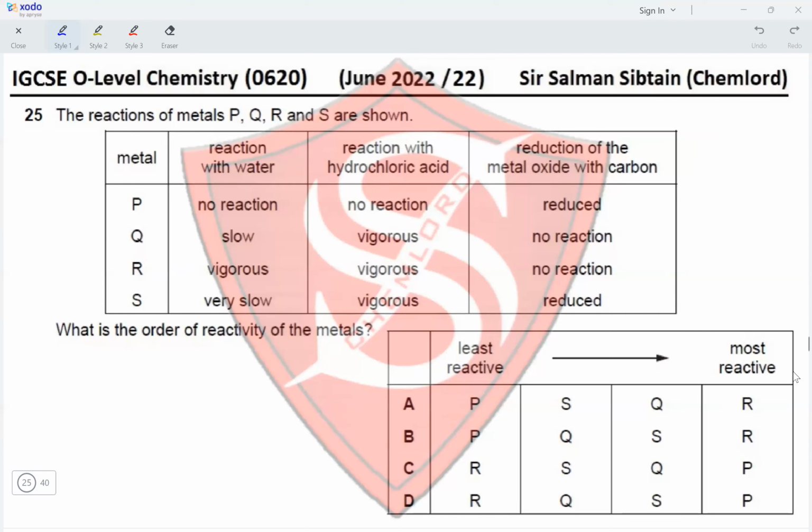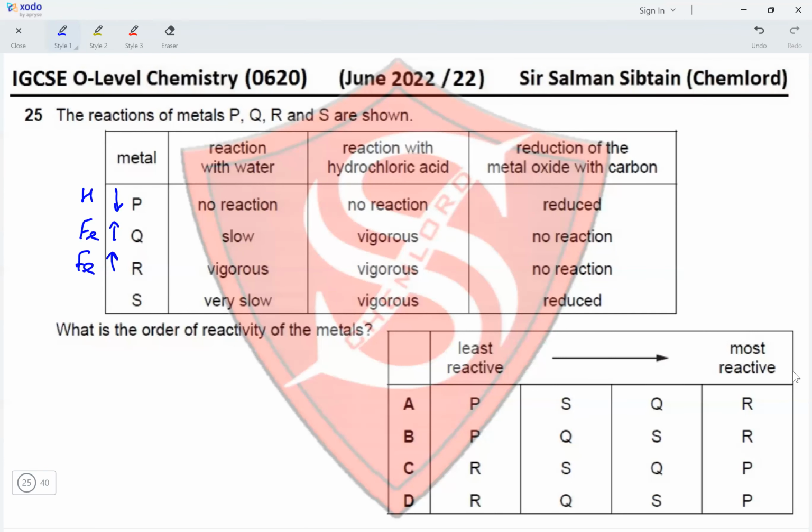So P is less reactive than hydrogen and Q is more reactive than iron. R reacts vigorously with water, vigorously with hydrochloric acid, and no reaction with carbon. So it is more reactive than iron and it is a very reactive metal because it is reacting vigorously with water as well.